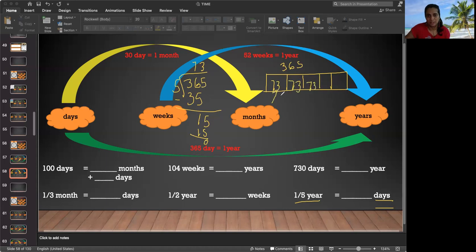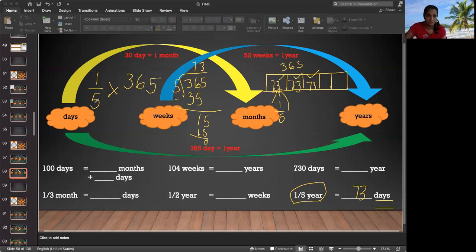Each 73 is 1/5. So if the question asks you for 2/5, you take 73 times 2. If the question asks you for 3/5, you take 73 times 3. So over here, the question is only asking for 1/5 of the year, which means it's 73 days. Of course, the other method is you take 1/5 and multiply by 365. If you realize, you're pretty much doing the same operation again.